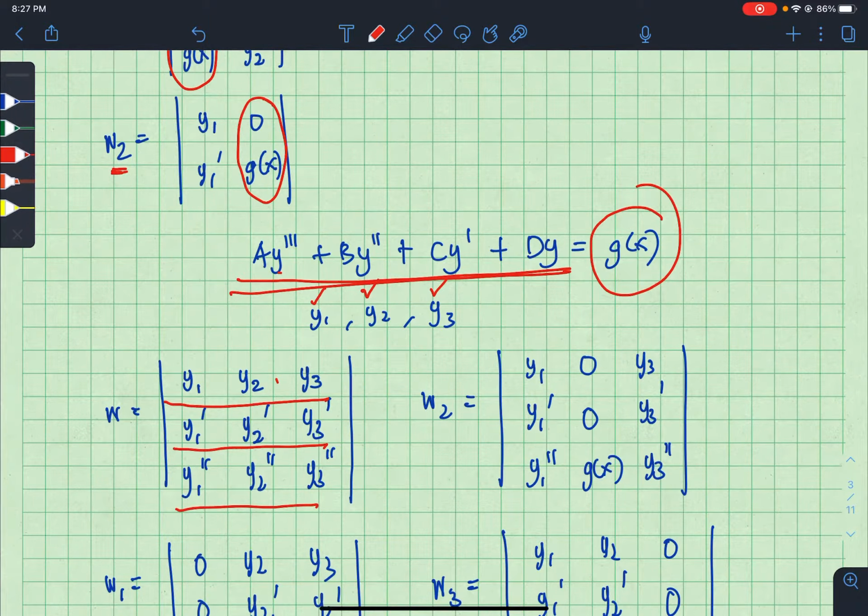It's because if that would be a fourth order differential equation, that will become 4 by 4.